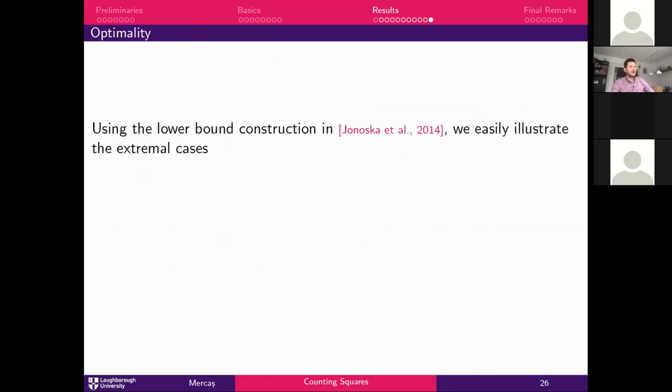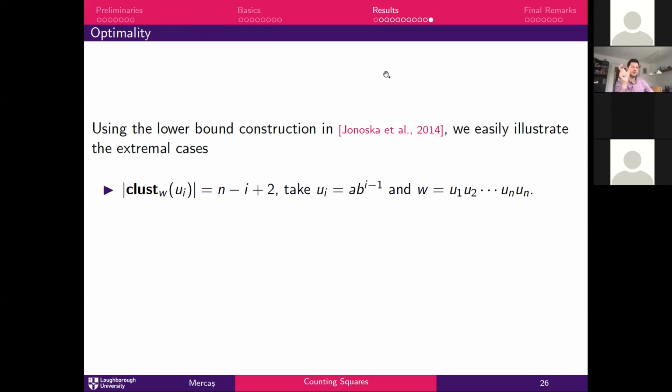Then the optimality of this result, when looking at the number of clusters, comes from the paper of Jonoska, Manea, and Seki, namely their construction. And we can show that if you have clusters, one bigger than the other over and over, you can do it by taking a word like this.